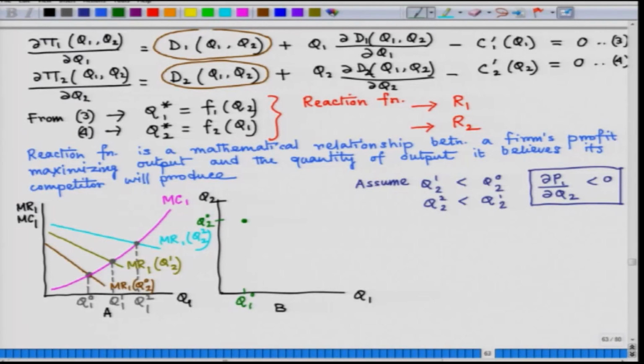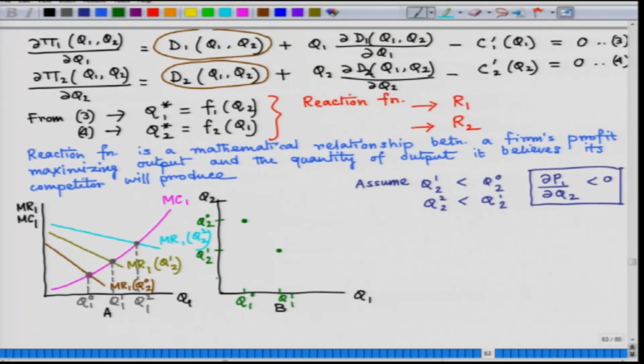Then we have seen the repeated reduction in the output level that my firm assumes for its competitor, Q12, and in response the firm has produced a higher output level itself, Q11.